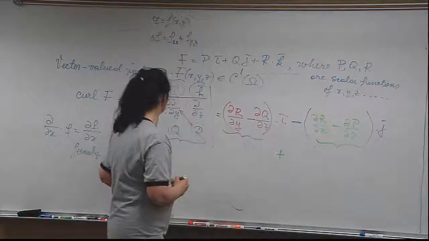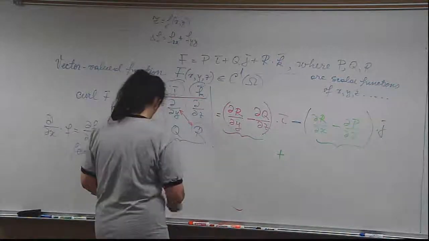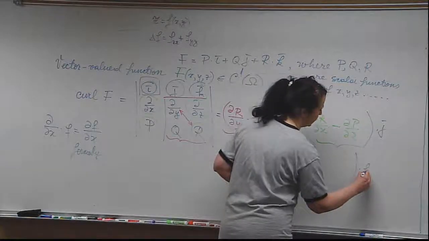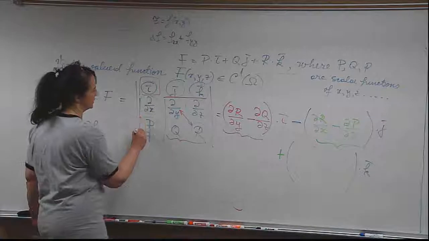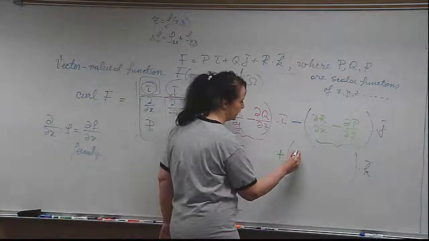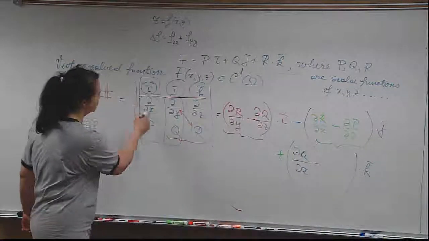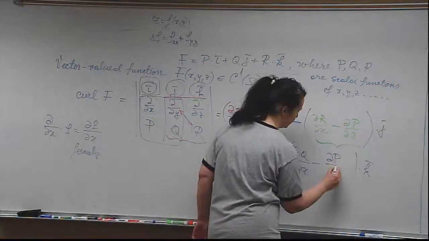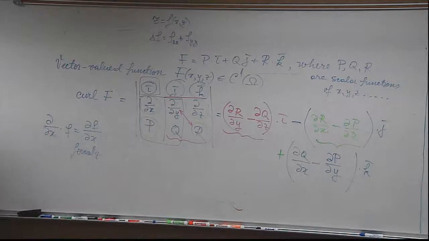Plus the k guy. k goes at the end. And then k multiplies this determinant, dQ/dx minus dP/dy.